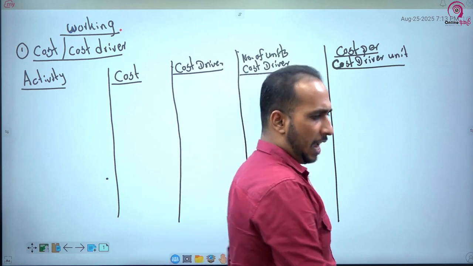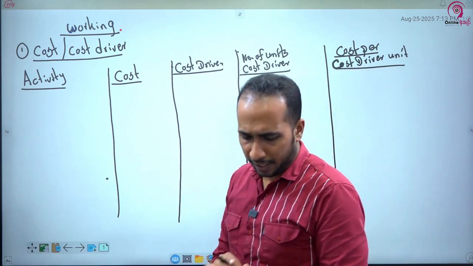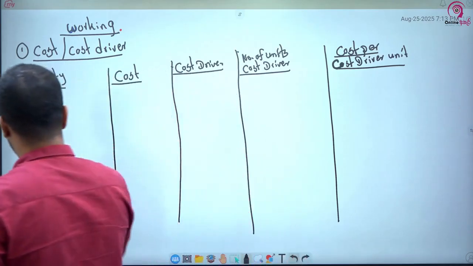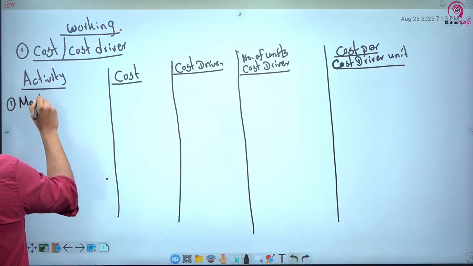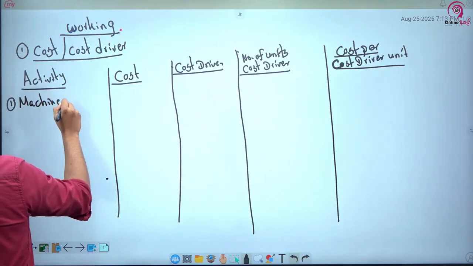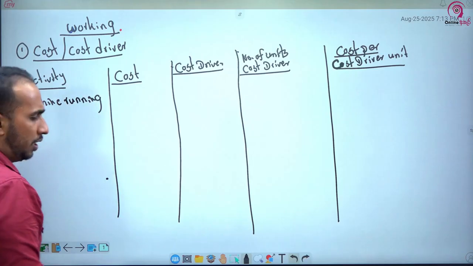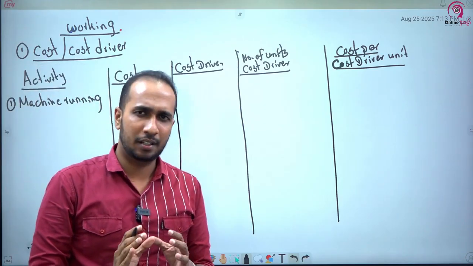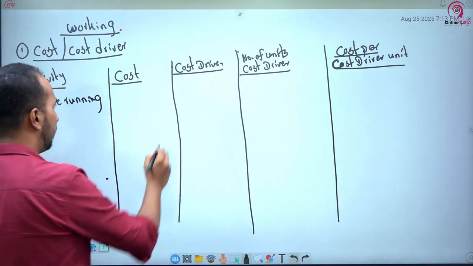As per the question, we had 3 major activities. The very first activity was machine running. In the question, they have given us the machine running cost as rupees 7,920,000.